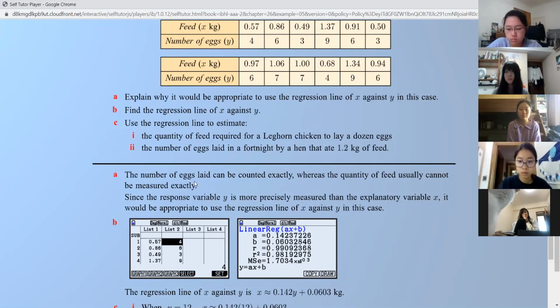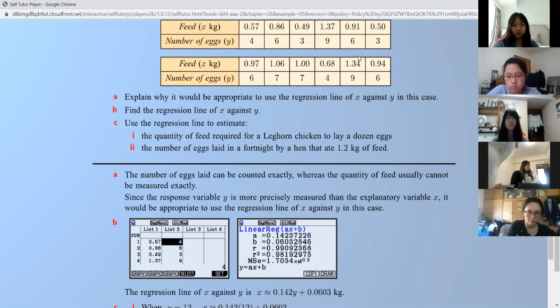Okay, so you can just give this, this can be accounted for, and this cannot be accounted for. So as a result, the number of eggs, Y, is more precise data than X, which is the quantity of feed or the amount of feed taken. So that is how you explain it. Does this make sense? All right.